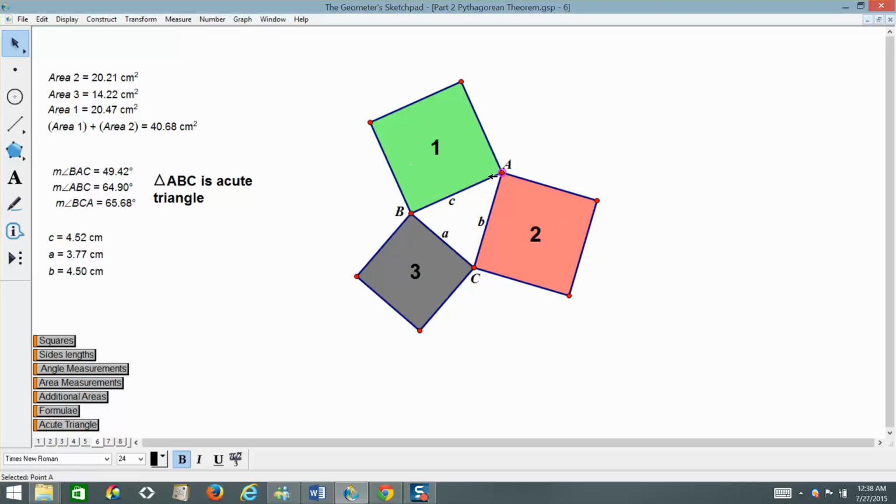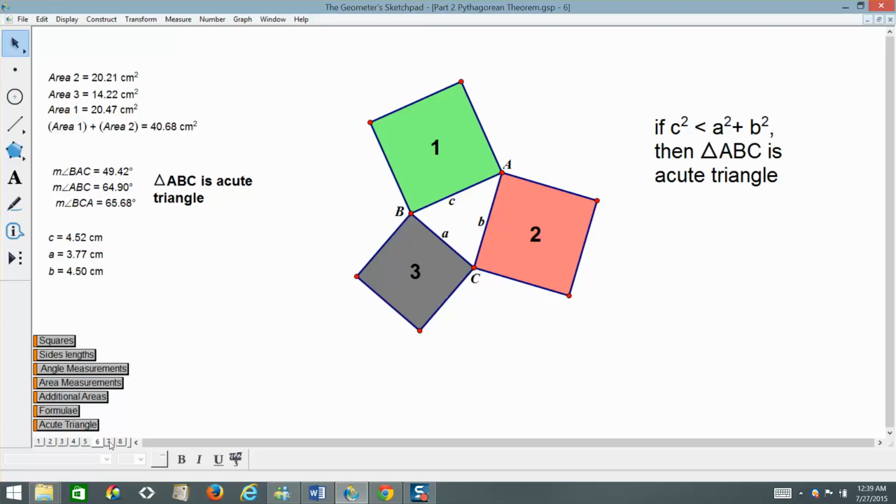From this finding, we can write down the formula that if the area of the square on the longest side is less than the sum of the areas of the squares on the other sides, then the triangle is an acute triangle.